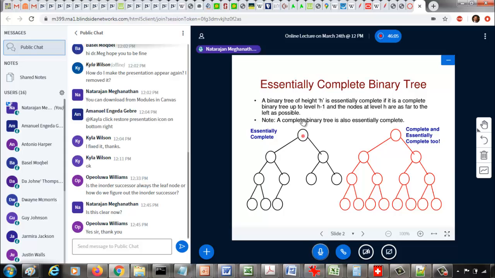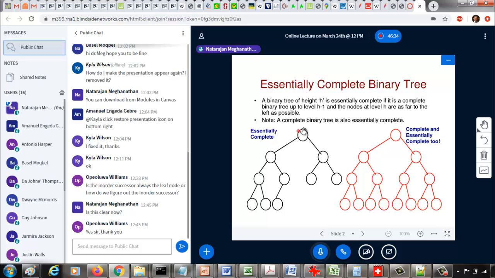A binary tree of height h is essentially complete if it is a complete binary tree up to level h minus 1. In this case, the height of this binary tree is 3, right? That's the maximum level number. Now, 1 less than that height, which is h minus 1, so 3 minus 1 is 2. So this is level 2, right?